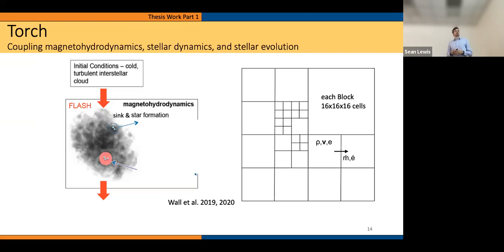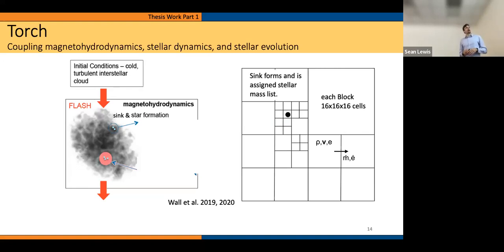This is terminology that we'll talk about again later in the talk: each of these squares in this computational domain, this grid that is simulating the gas, is called a block. Each of these blocks is made up of cells, and the cells are actually the data points within this computational domain. Gas can move through this structure, and as I said, as it collapses, we'll have regions of higher refinement.